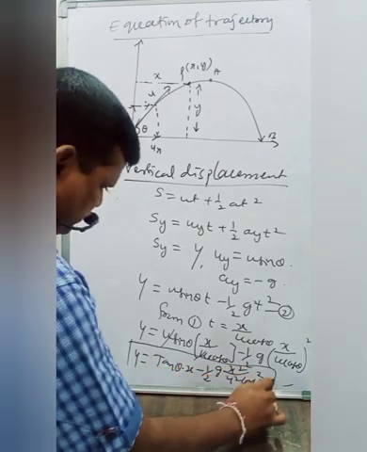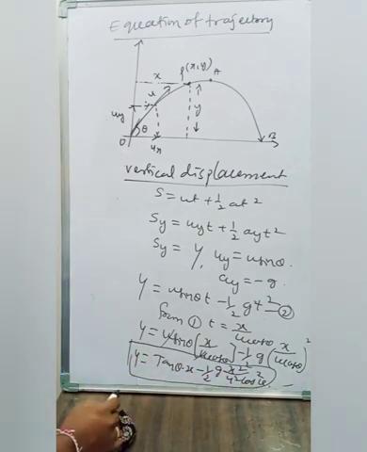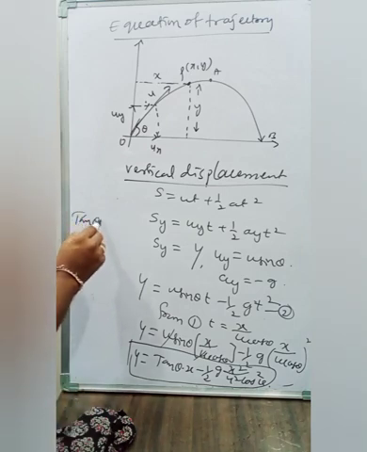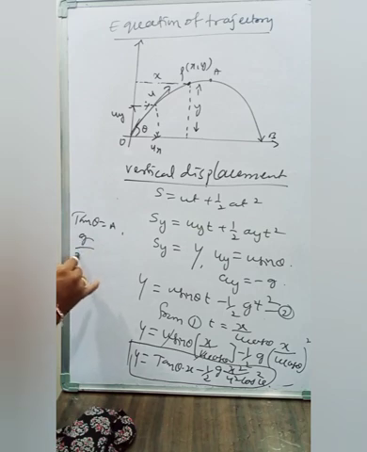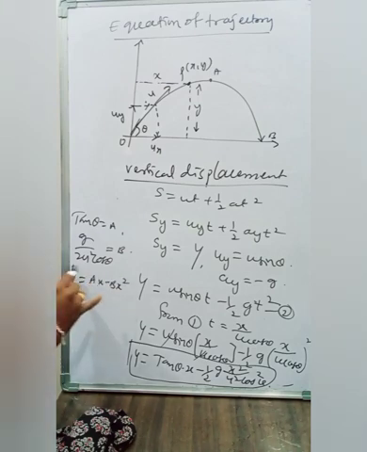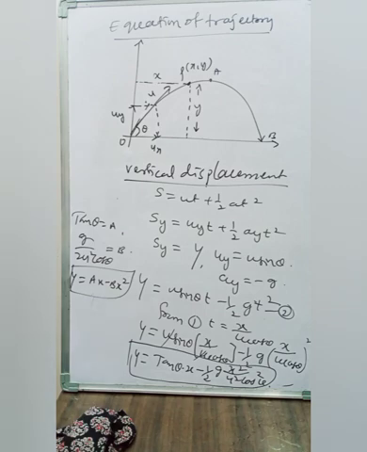This equation refers to the equation of trajectory, where tan θ = a and g / (2u² cos² θ) = b. Therefore y = ax − bx². So this is the required equation of trajectory of a projectile.